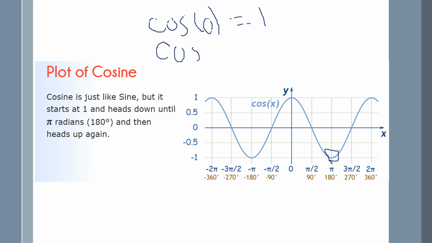So cosine of 180 is going to be negative 1. So those are the only 2 times where cosine is going to have a value of either positive or negative 1.